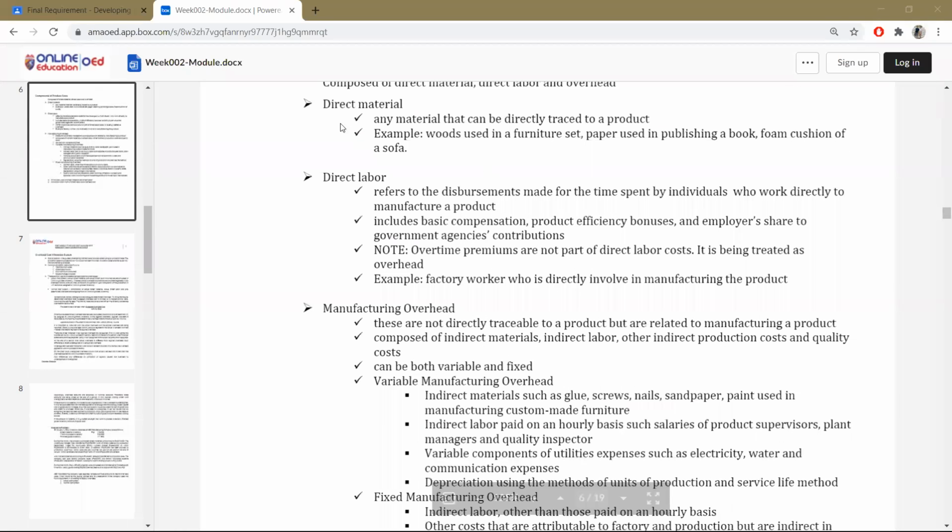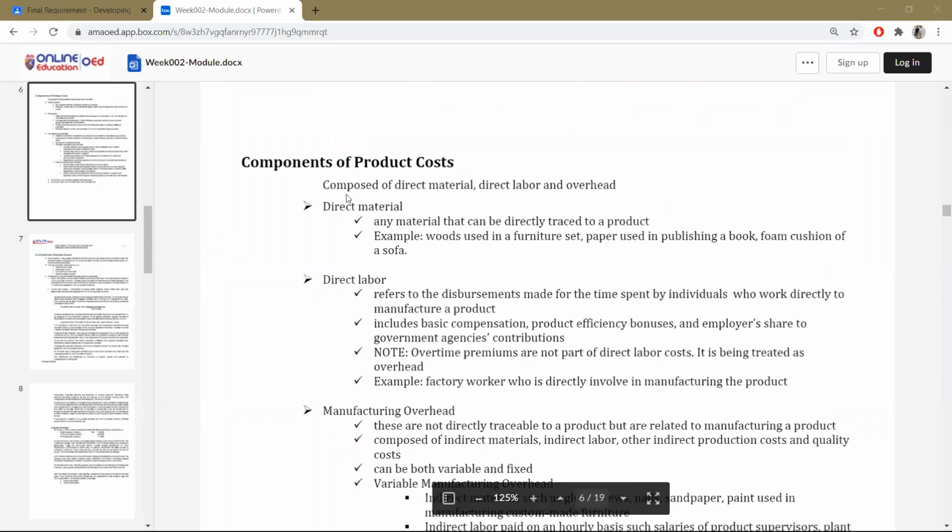Okay, so this part is just a more detailed discussion with regards to product costs. Product costs are inventoriable costs. These are costs that are directly related with the manufacturing, and these are part of cost of goods sold.